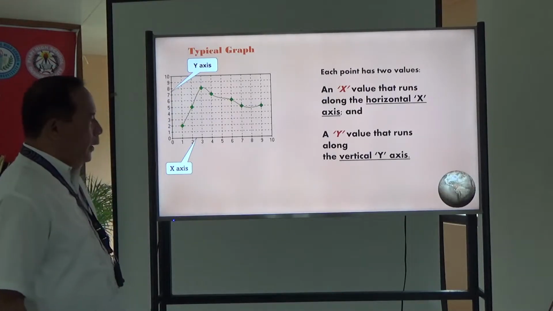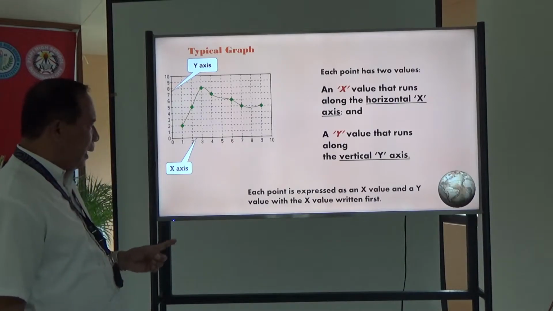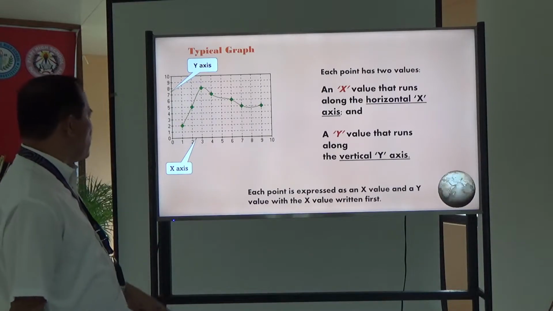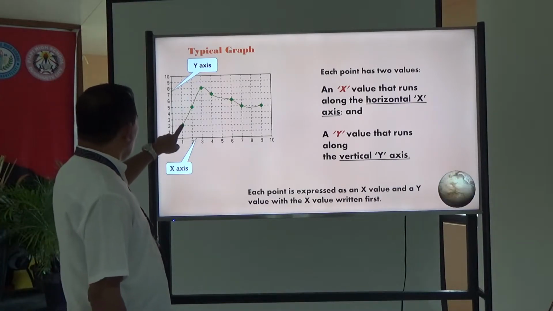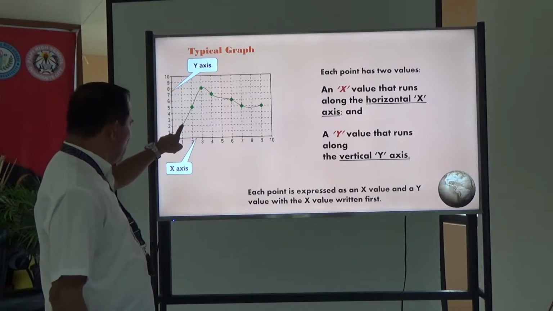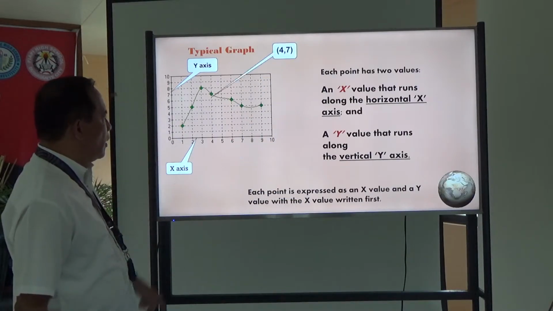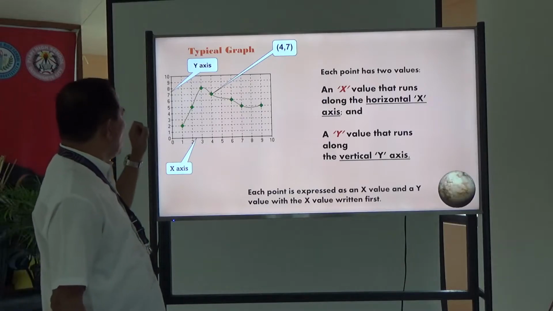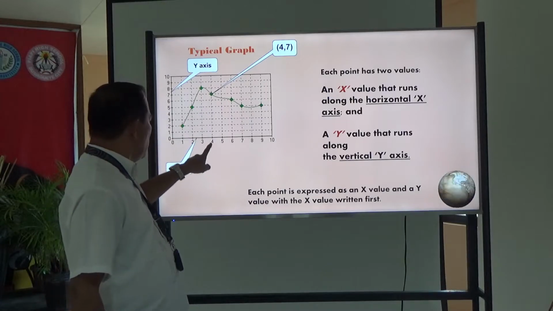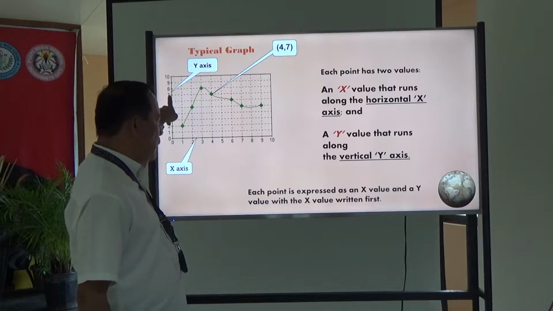Okay. Each point is expressed as an x value and a y value, with the x value written first. In other words, if this is the point, there is a value of x here and there is a value of y here. For example, in this point, the value of x is 4 and the value of y is 7.